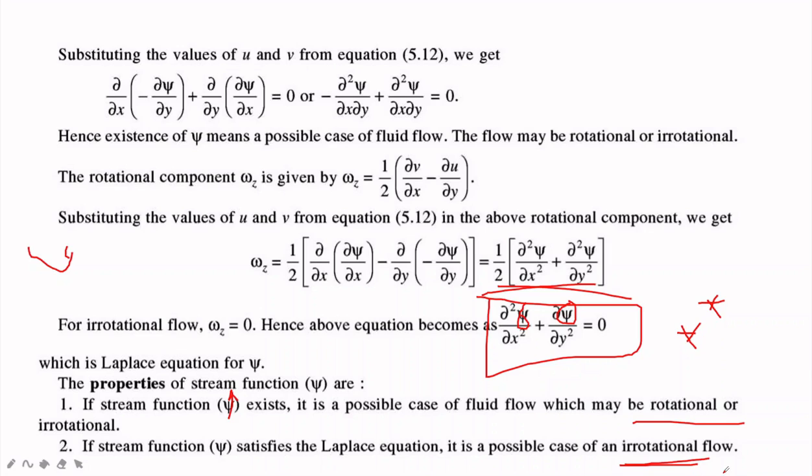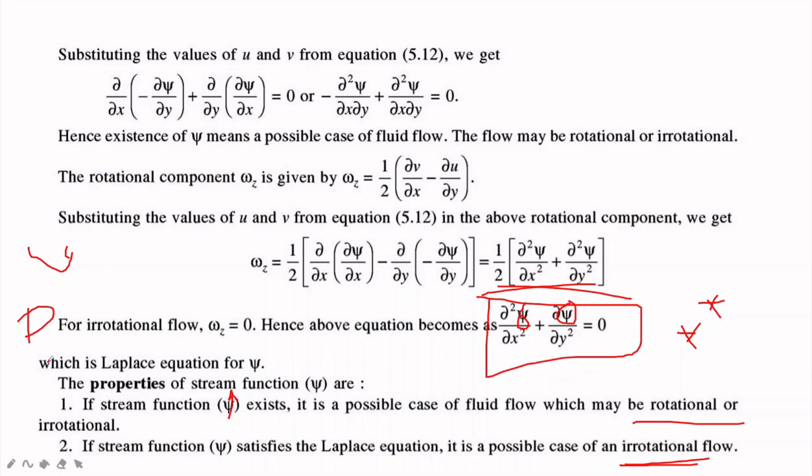Here in stream function it may be rotational or irrotational, so the stream function gives a doubt in that. It is telling it may be, but in the velocity function, if it exists, they say it is irrotational. So this is about the stream function.